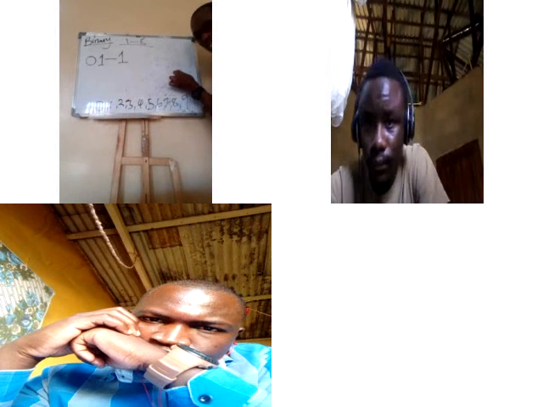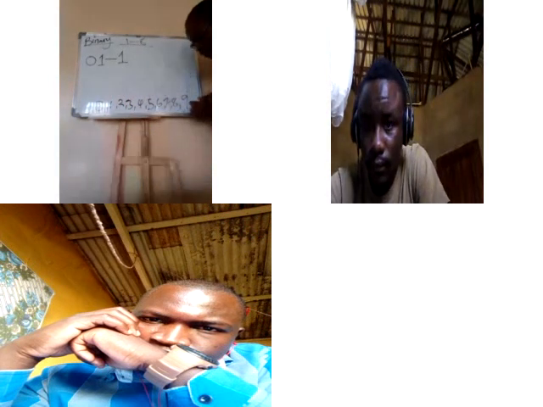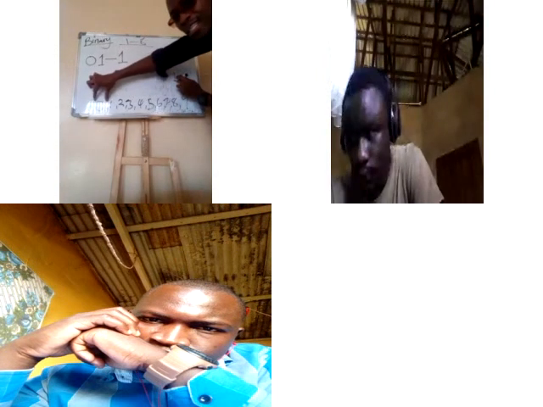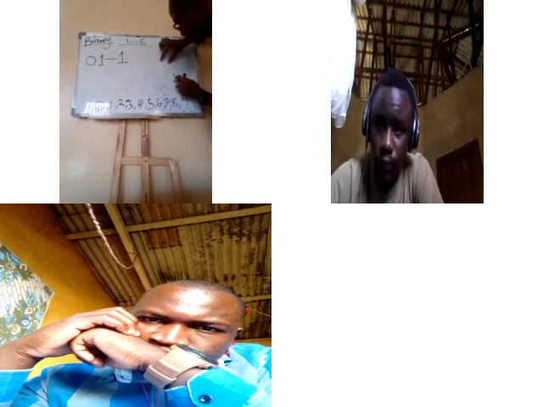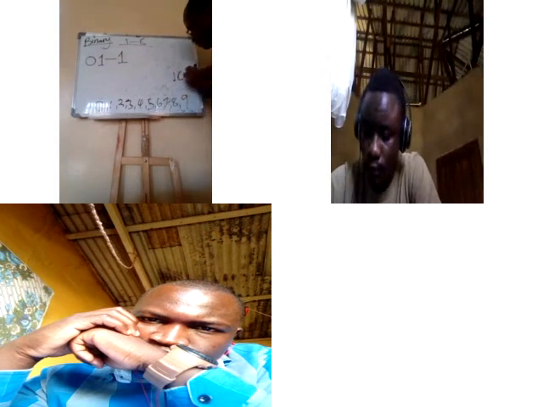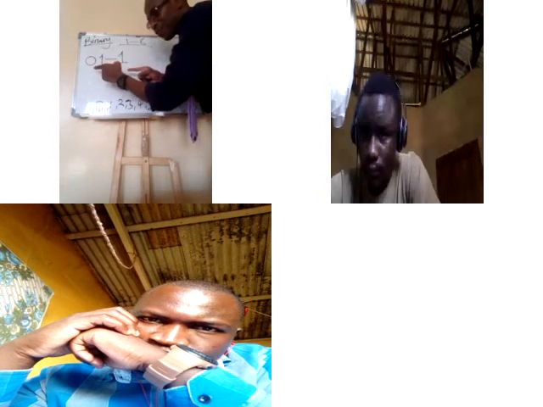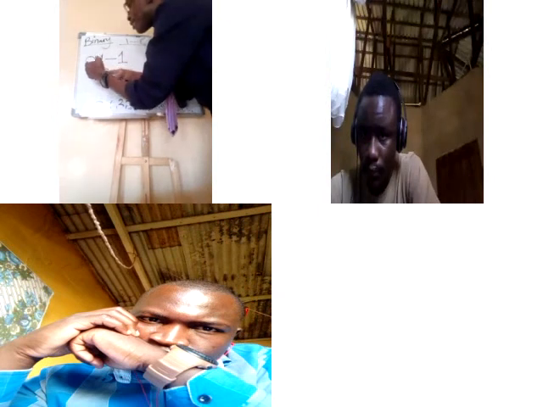Make sure it touches the end. So you have your 1. If you want to make 10, you get the 0 there. Nicely, don't drop it, put it there. It becomes 0. So this becomes your 10.